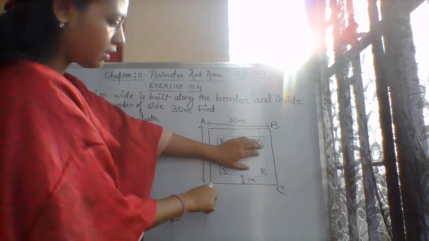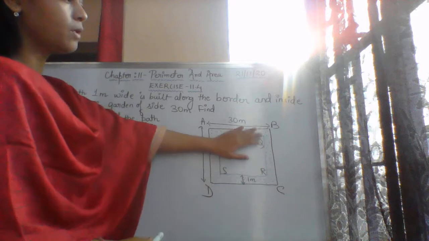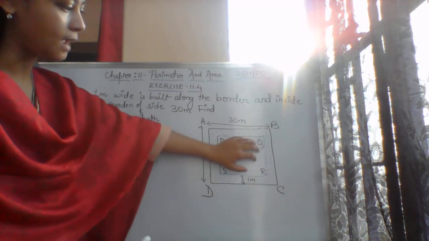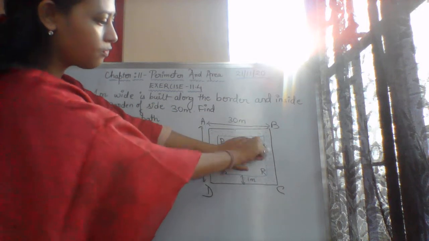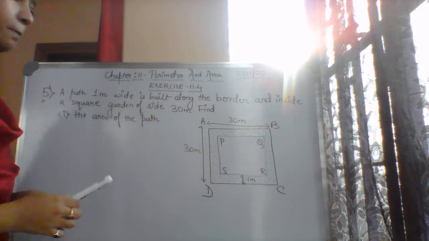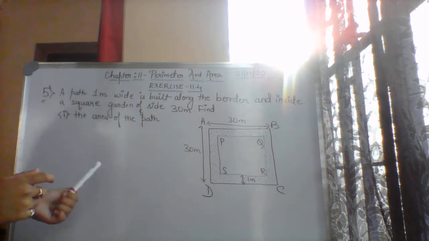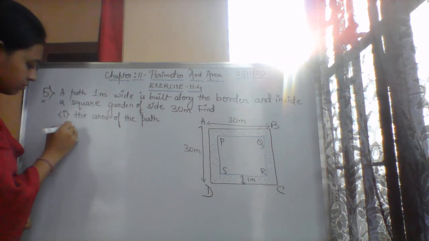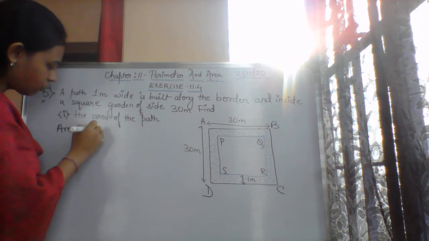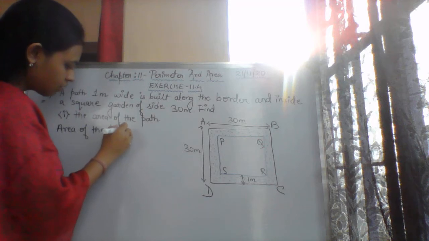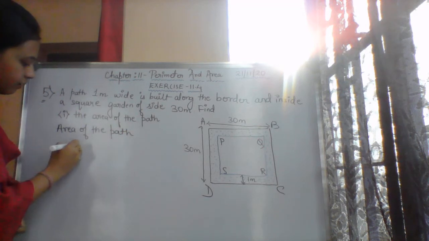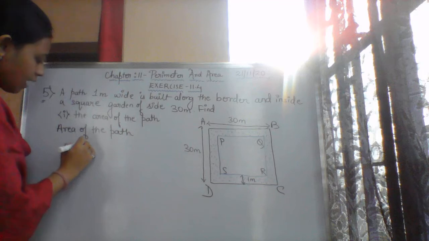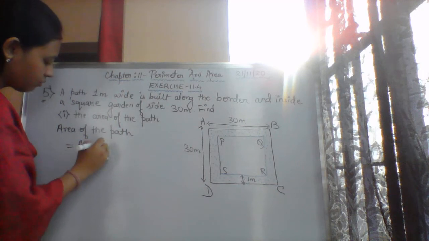You will get the remaining path area. So total area minus this small square will give the area of that path, and that concept only we will apply here. So therefore, area of the path will be equal to area of which square first?